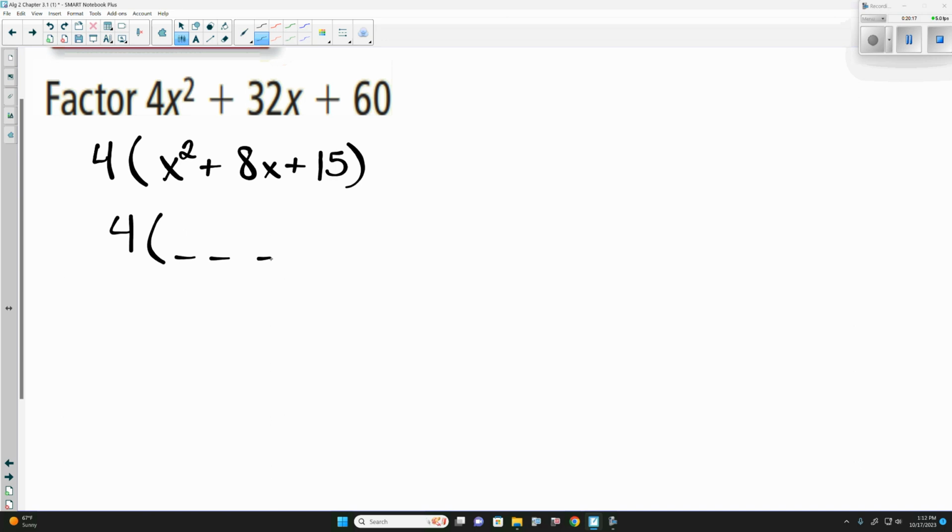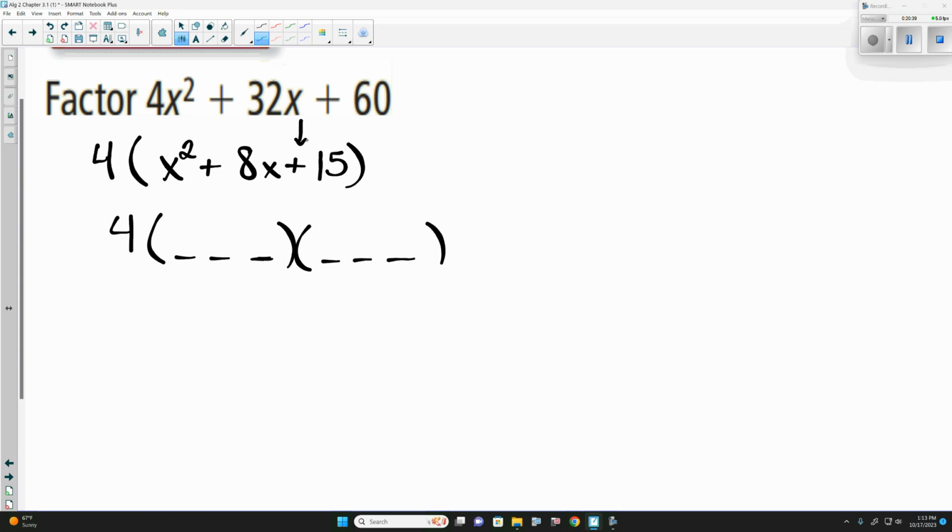So we can move on to step number 2. Our 2 sets of parentheses with 3 spaces. So that takes care of step 2. Step number 3, to find the signs. If the third term is positive, then the signs are the same and match the sign of the middle term. If the third term is negative, the signs are opposite.